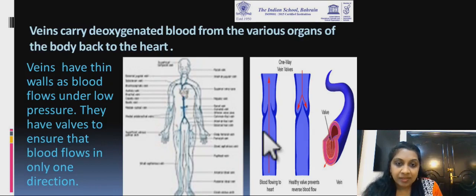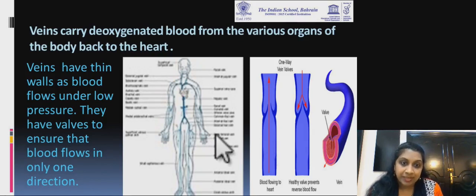The next slide has the pictures of the veins. Now veins are thin-walled and they carry deoxygenated blood. So the arteries, veins and the capillaries too are seen throughout the body of human beings.